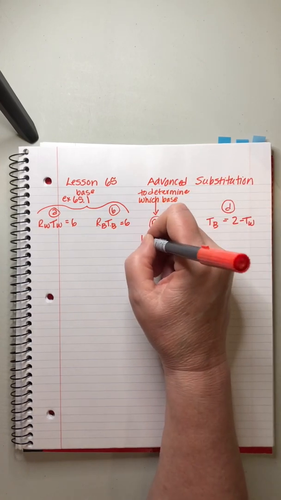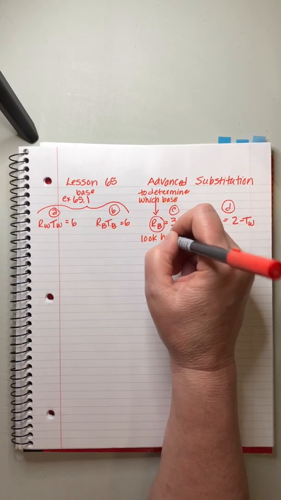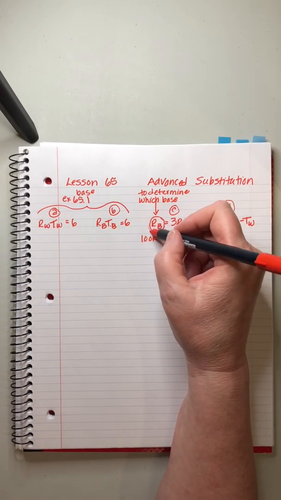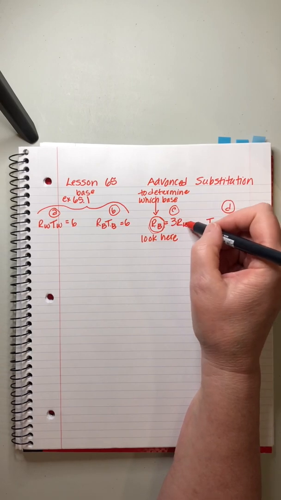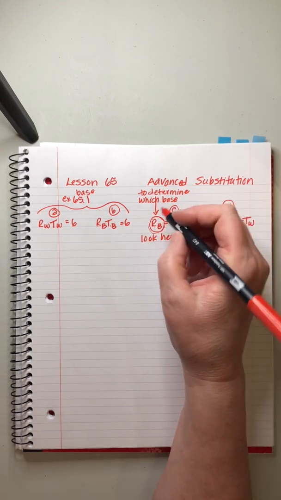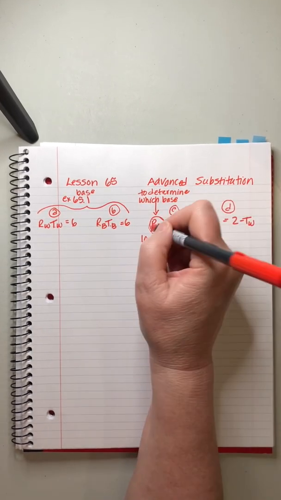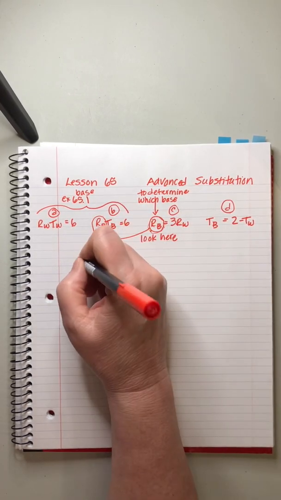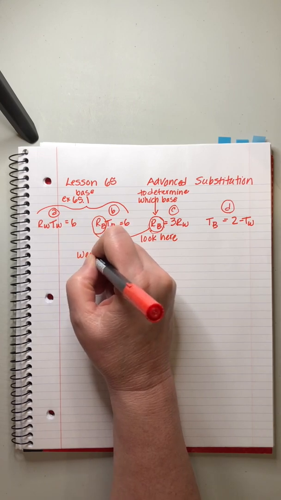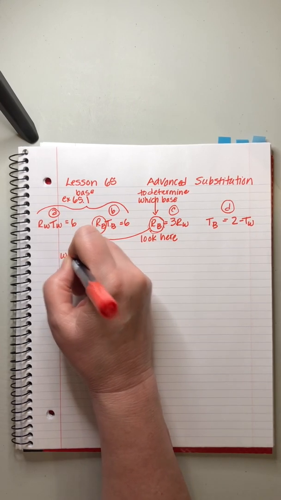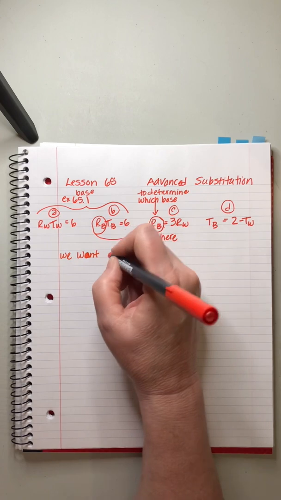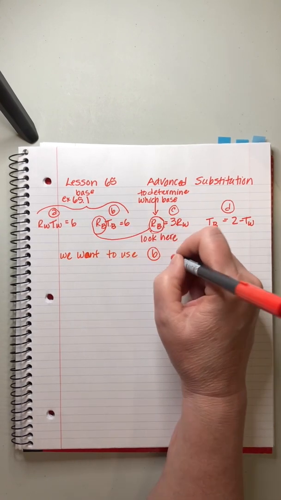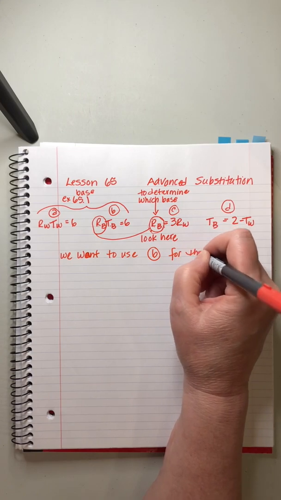I circled the variable that's by itself, not the one that's being multiplied by something. We want the base equation that has that same term in it. So we want to use B for the base.